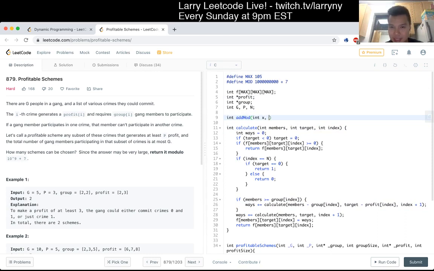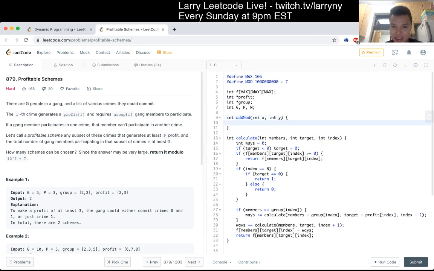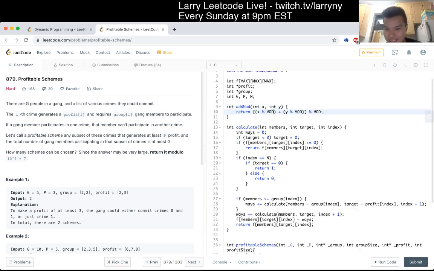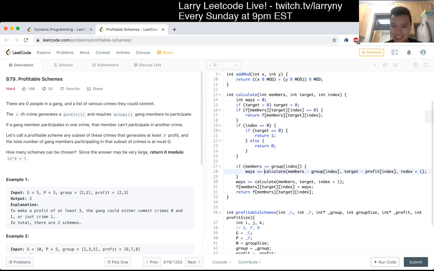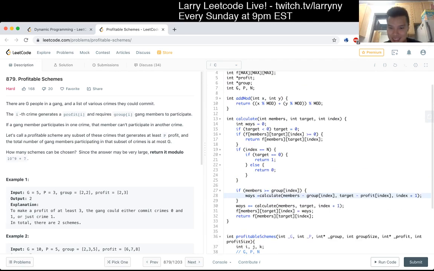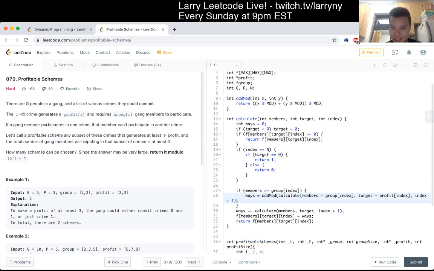But I'm gonna write a helper function, why not, just to be super safe. I know there are certain assumptions that allow you to not write some of these mods, but I don't want to worry about it. I'm not going to try to save one operation.